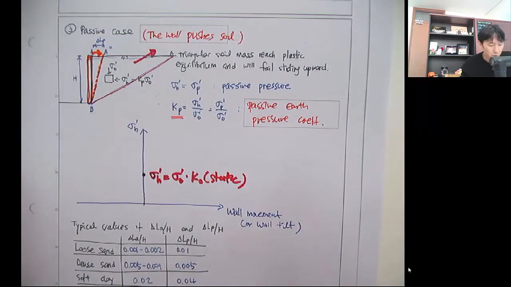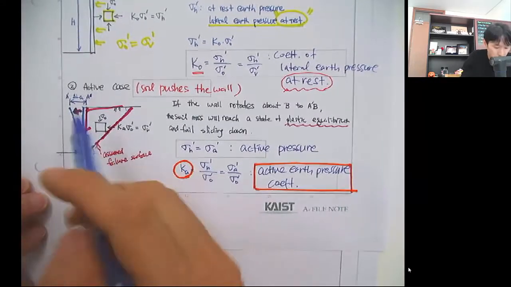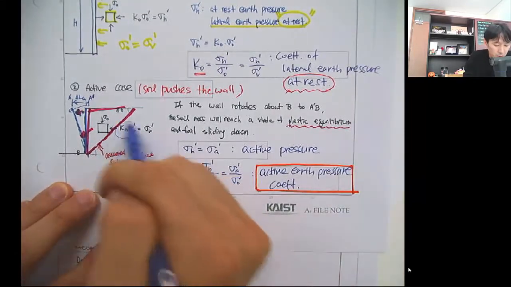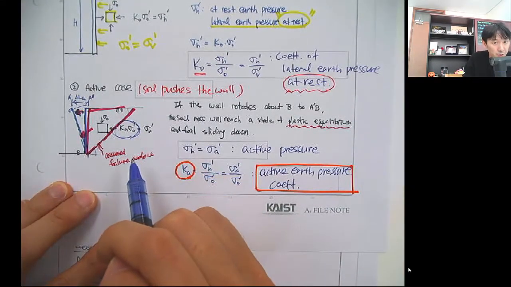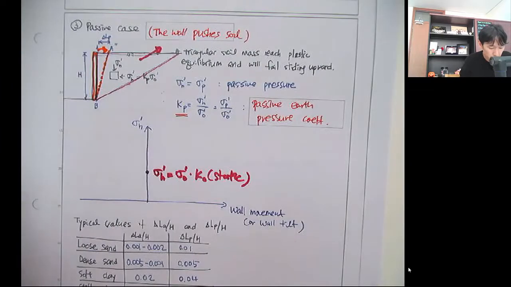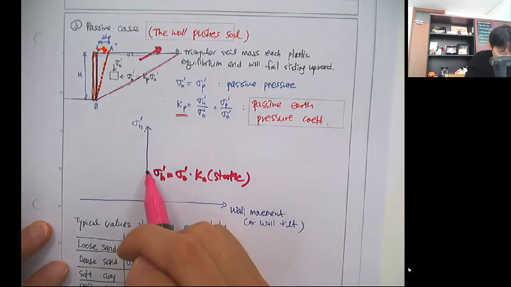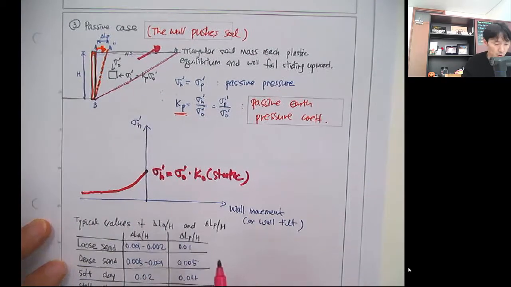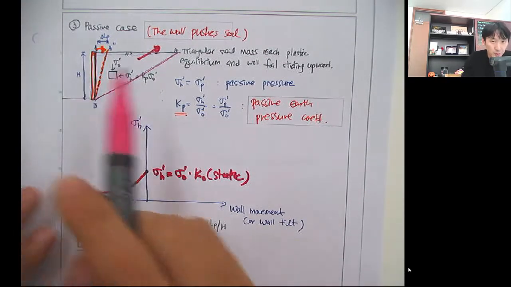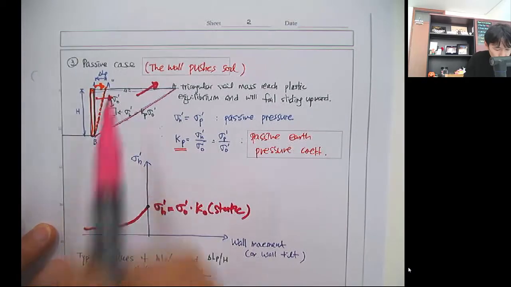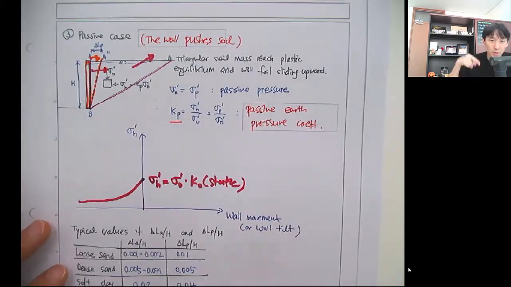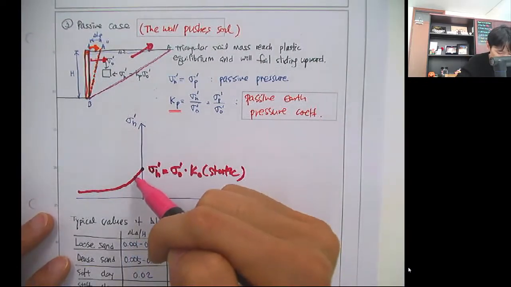And then if the wall is moving outward, like the active case, so the wall is moving this direction, then horizontal stress here is going to decrease. Right? So it's going to decrease like this, and when the wall is moving into this direction, because it pushes the soil, the horizontal stress will increase.